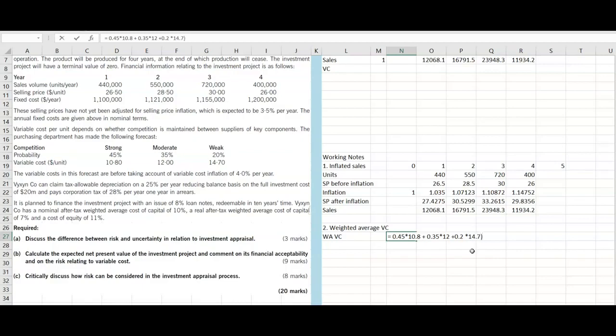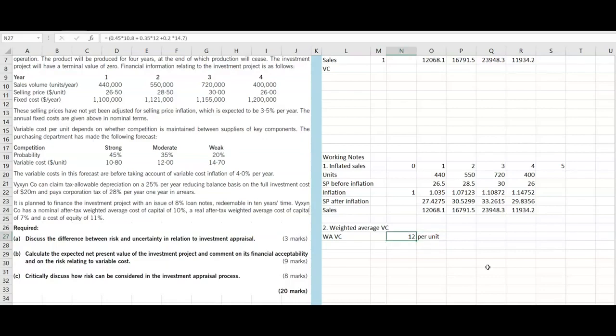We have an open bracket, so we'll close the bracket here. We'll enter. We got the answer as 12. So that is the right answer. The weighted average variable cost per unit is 12 per unit.